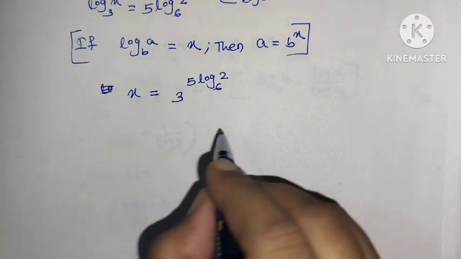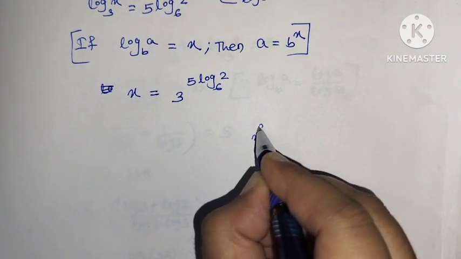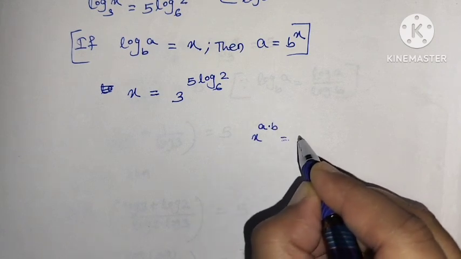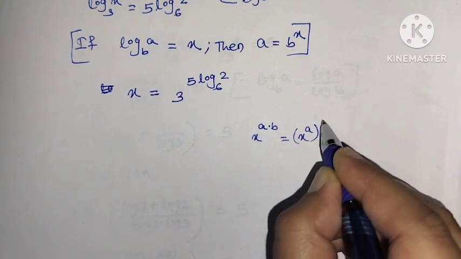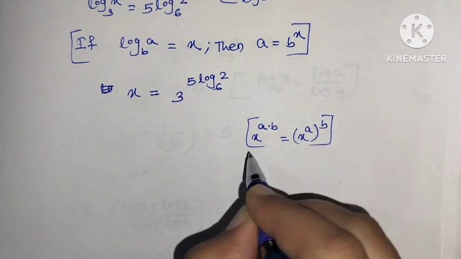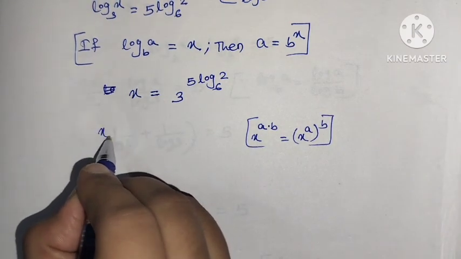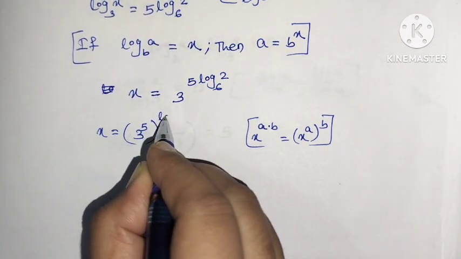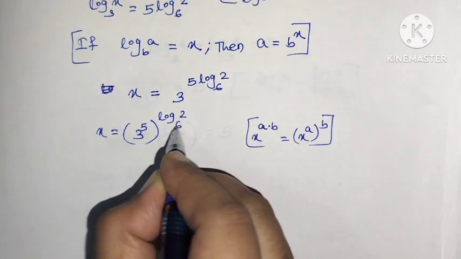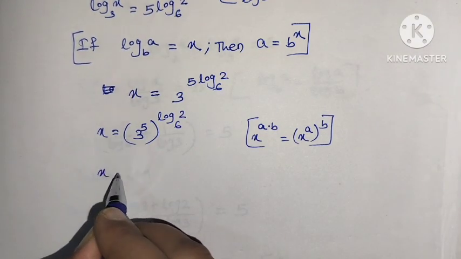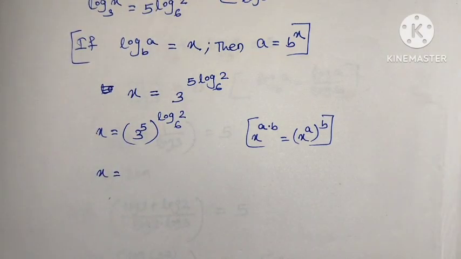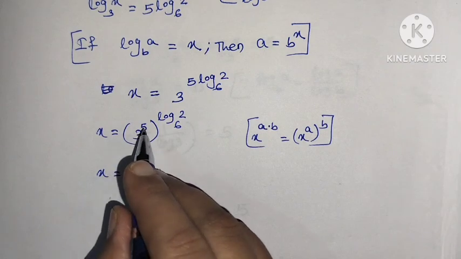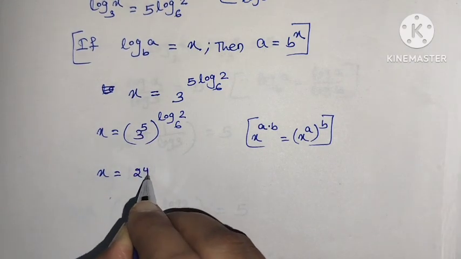Then x to the power a into b is equal to x to the power a whole to the power b. We know this. Then x is equal to 3 to the power 5, whole to the power log 2 base 6. What is the meaning of 3 to the power 5? 3 is multiplied 5 times. Then 3 to the power 5 is 243.